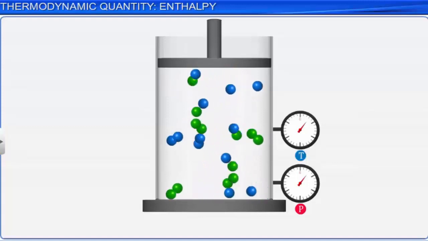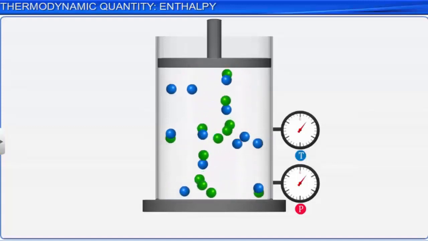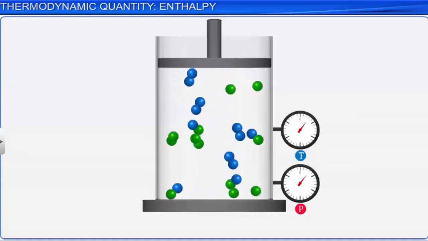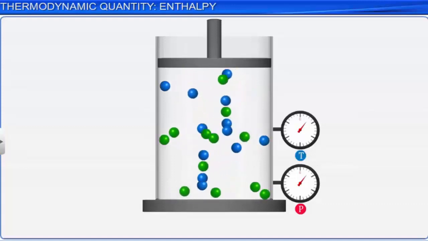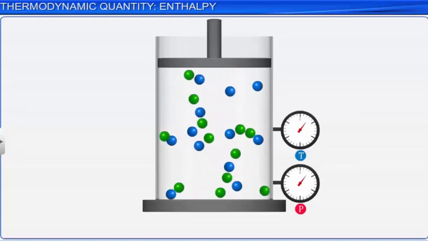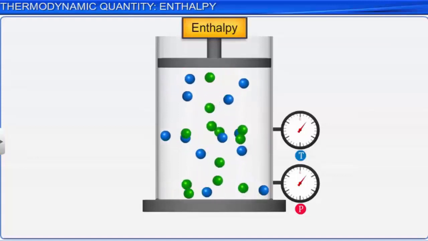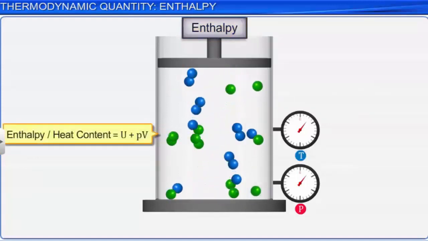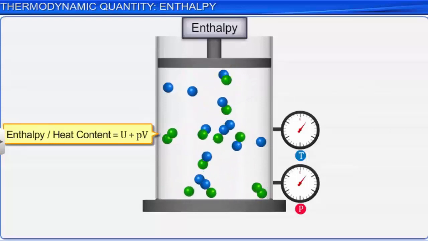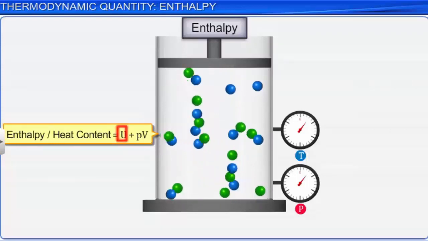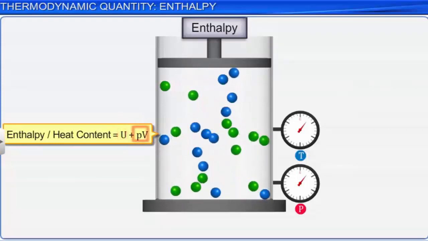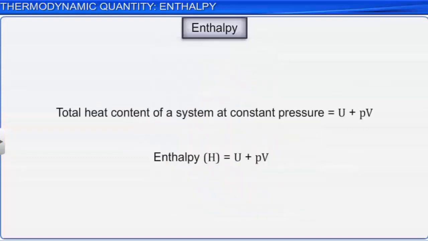In order to study the heat changes in a chemical reaction at constant temperature and constant pressure, a new thermodynamic function called enthalpy was introduced. The total heat content of a system at constant pressure is equal to the sum of the internal energy and PV. This is called the enthalpy of a system, which is represented by H.